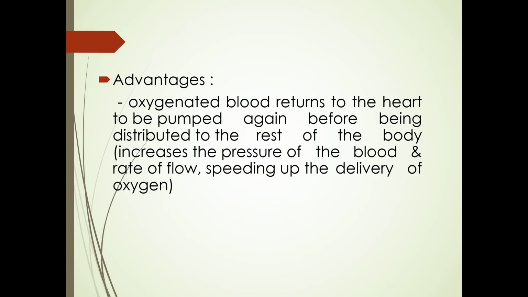So what is the advantage of having the double circulatory system? The advantage is the oxygenated blood returns to the heart to be pumped again before being distributed to the rest of the body. So this is to increase the pressure. Let's say we don't have the double circulatory system, so only once, but our system is very complex and very big.